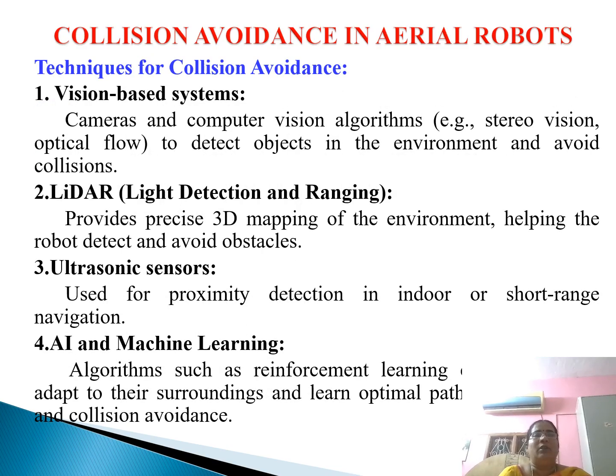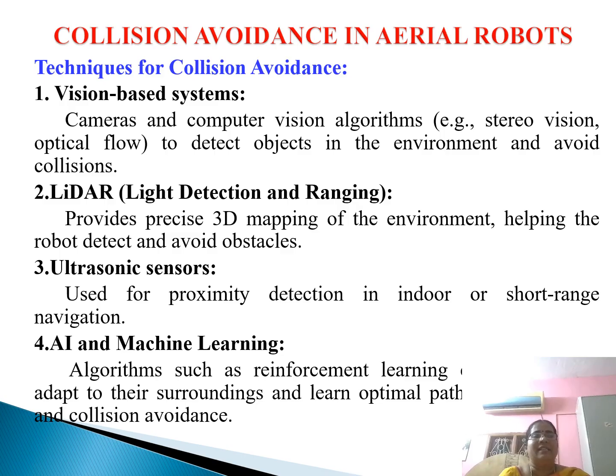The first technique is vision-based systems: cameras and computer vision algorithms, for example stereo vision and optical flow, to detect objects in the environment and avoid pollutions. Next, light detection and ranging. In this method, 3D mapping of the environment helps the robot detect and avoid obstacles.